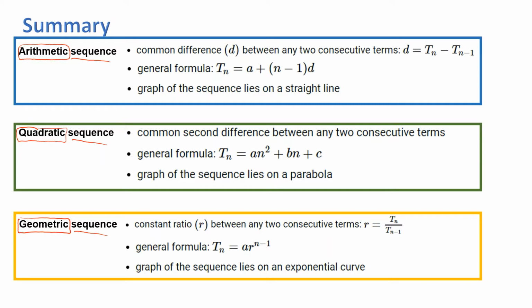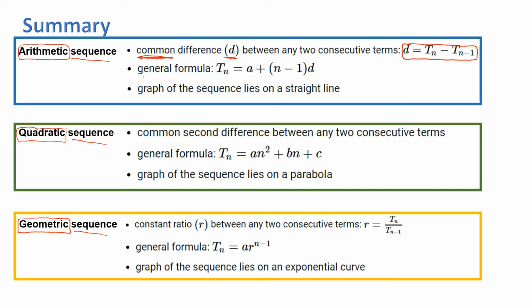Let's take them step by step. The arithmetic sequence, which we saw in the last example, you calculate d, and crucially these d's are equal. This is the formula you use to calculate the d.